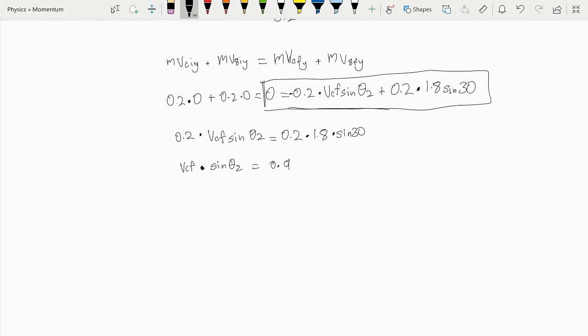All I've done here is we've taken sine 30 and we've replaced it with 0.5, multiplied it by 1.8, and cancelled the 0.2 from both sides.